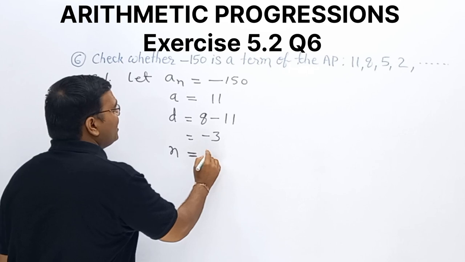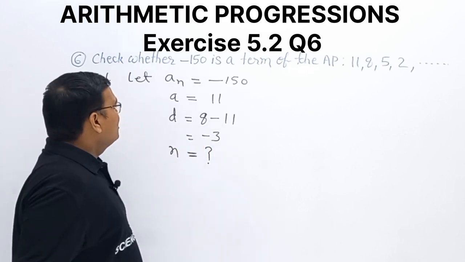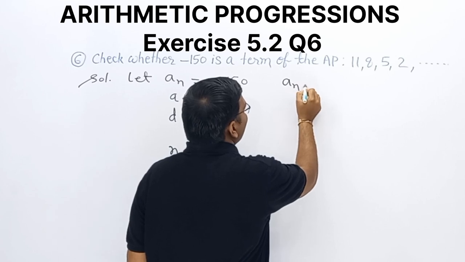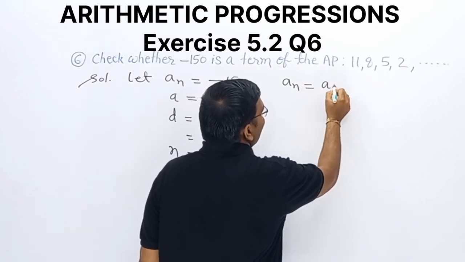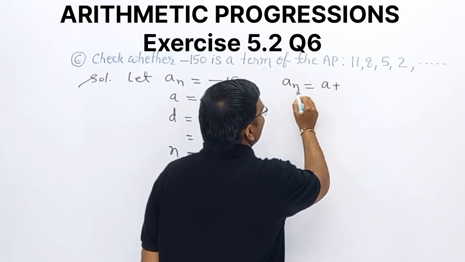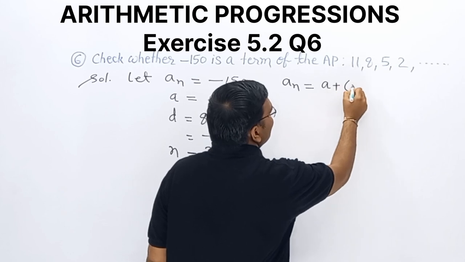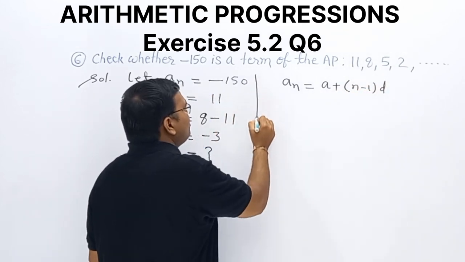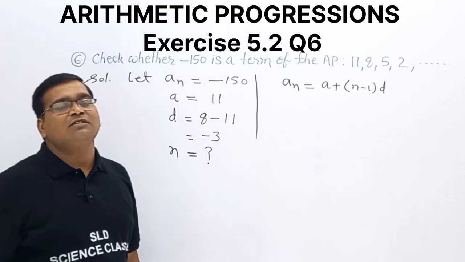So we will calculate the number of terms. The nth term of an AP is an equals a plus n minus 1 into d. This is the formula for the nth term of an AP.